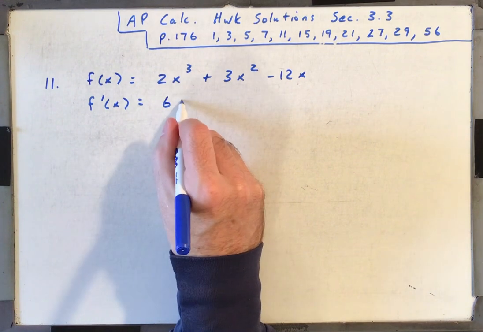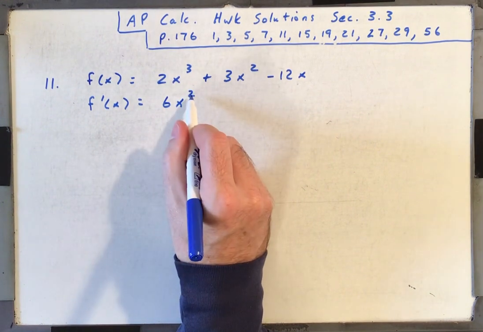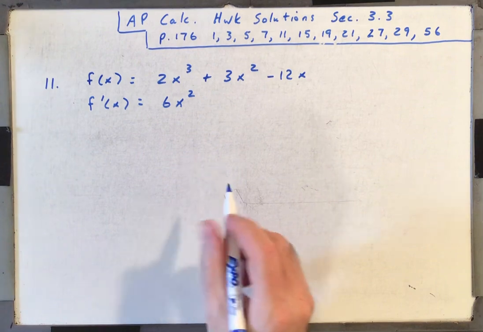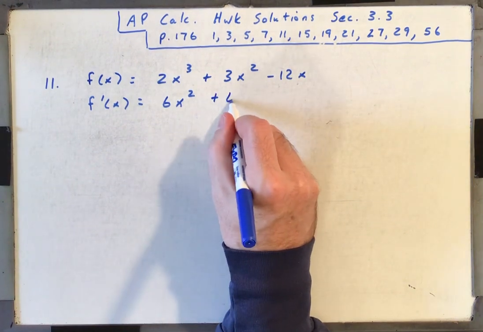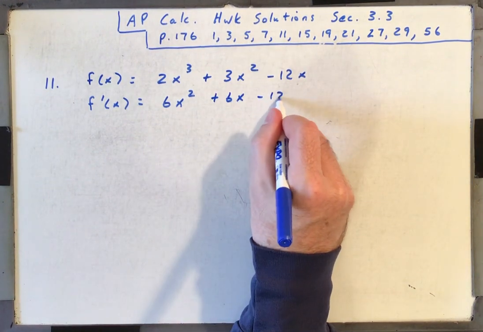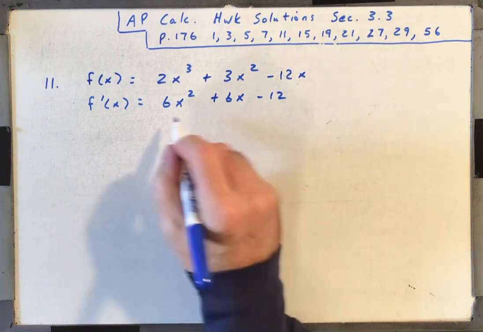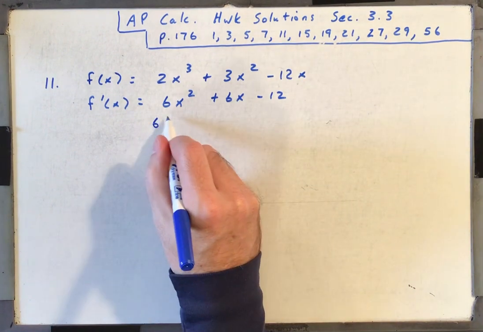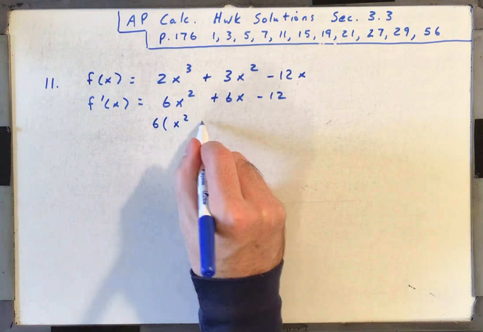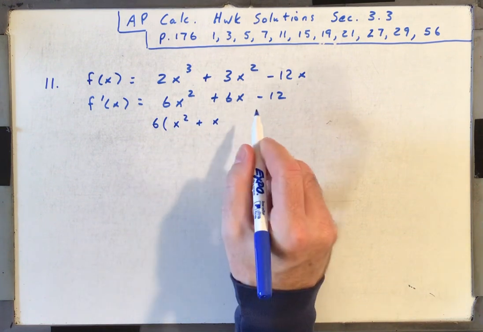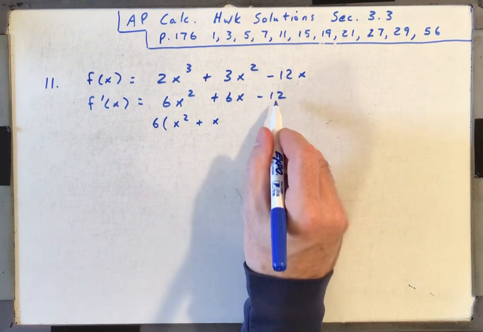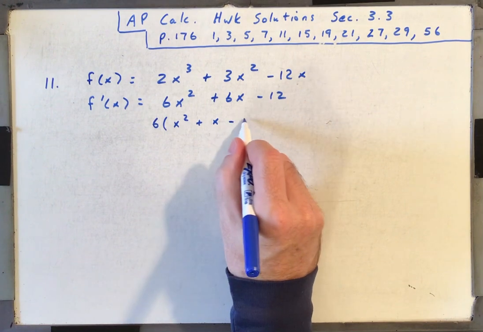That'd be 6x squared. Don't forget the squared. 6x squared plus 6x minus 12. I'm going to factor out a 6 here, and so we would have x squared plus x, and then if I factor out a 6, minus 2.